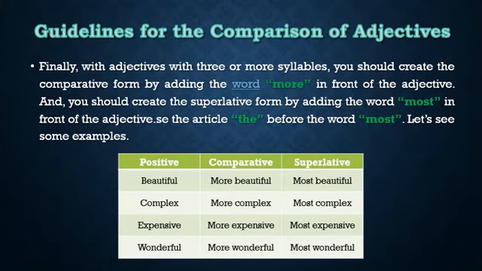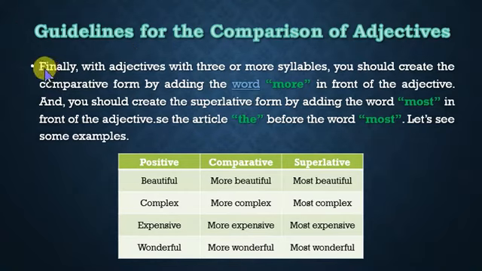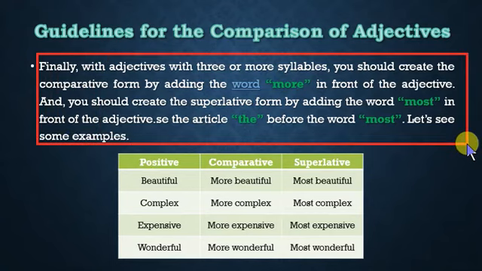Now the third and last point is, finally with adjectives with three or more syllables, you should create the comparative form by adding the word more in front of the adjective, and you should create the superlative form by adding the word most in front of the adjective.